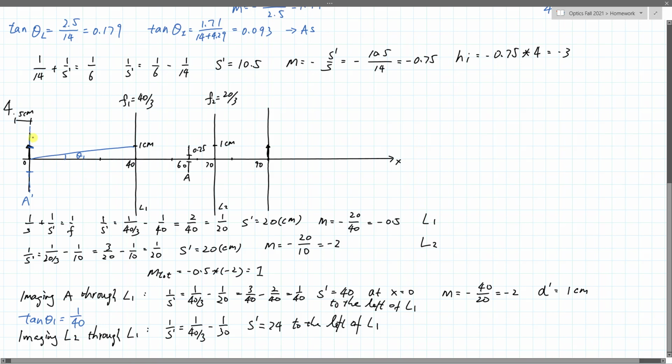So if each one is 5, 5, 5, 5, so here, roughly this location. And let's also calculate the magnification, which is negative 24 over, let's see, object distance was 30. So 0.8. So at this location, 0.8, so roughly here.